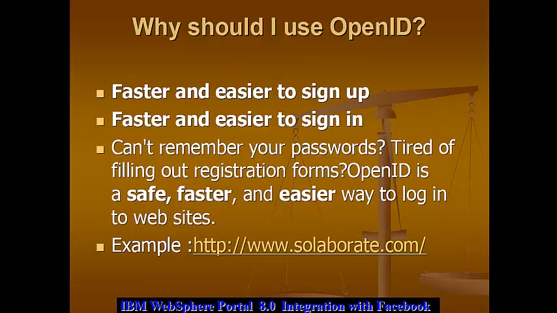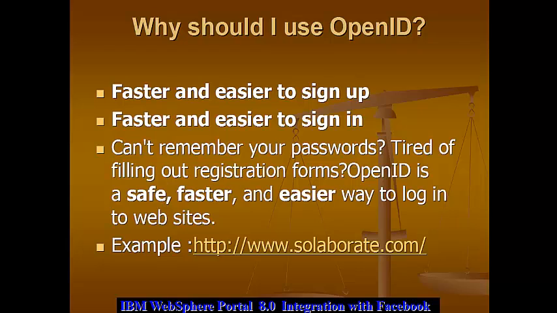What is the use of OpenID? What are examples of OpenID? As of now, we understood OpenID is a protocol followed by a lot of identity providers, for example Facebook, Gmail, Yahoo, AOL.